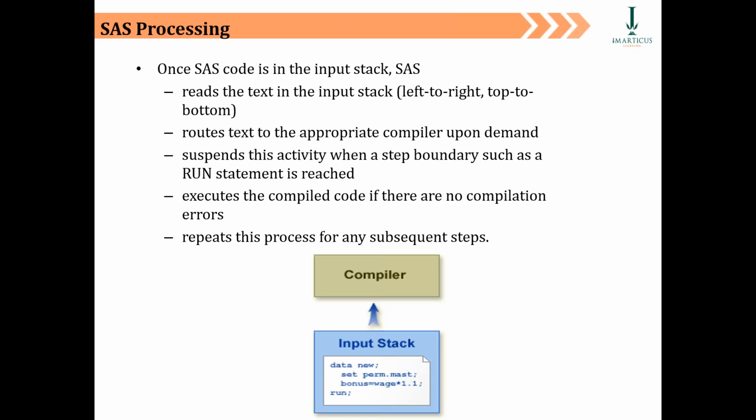Okay. So in the SAS code, in the input stack, it reads the text left to right, top to bottom. It routes text to the appropriate compiler on demand, and then it suspends the activity when a step boundary such as a run statement has been reached. We have always seen any SAS program, it starts reading first left to right, then goes to the next line, left to right, and when it hits a run or quit, it stops the compilation, correct?